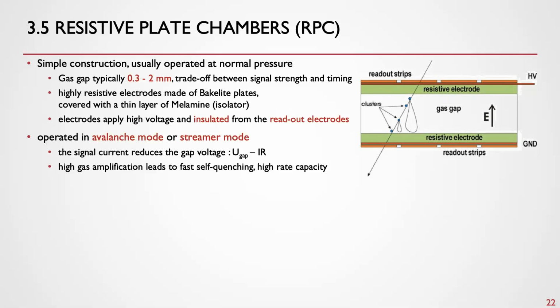Resistive plate chambers also fall into this category of rather simple detectors for rather large volumes, typically far away from the interaction point where you want to instrument a large volume, and you don't need too high granularity. So there is a gas gap typically in the millimeter or sub-millimeter regime. 0.3 to 2 millimeter is what Karl-Franzens says.